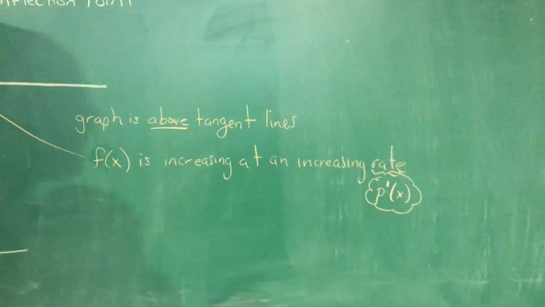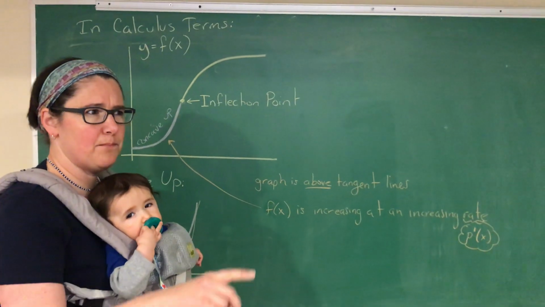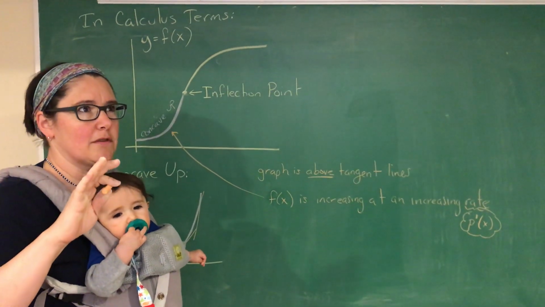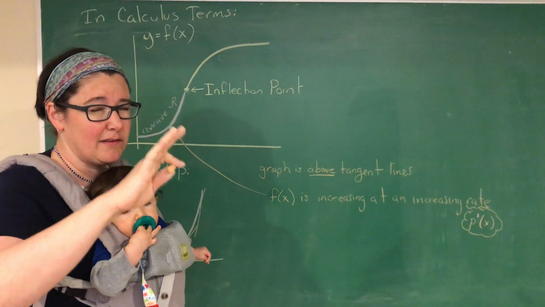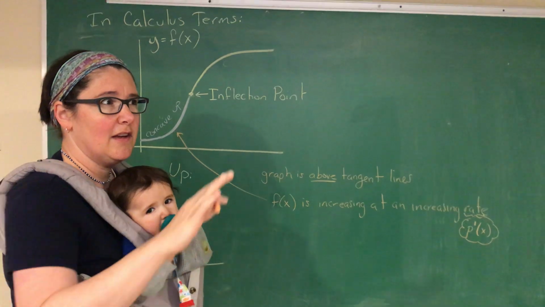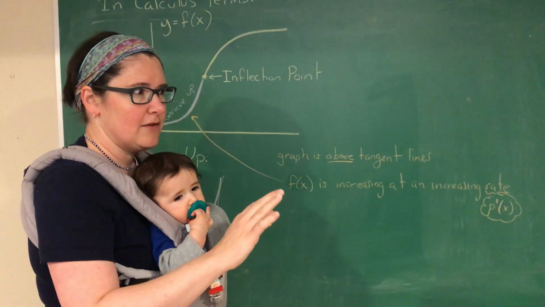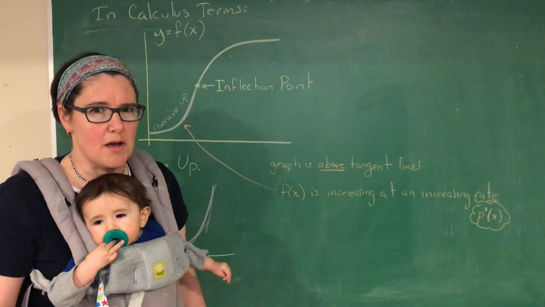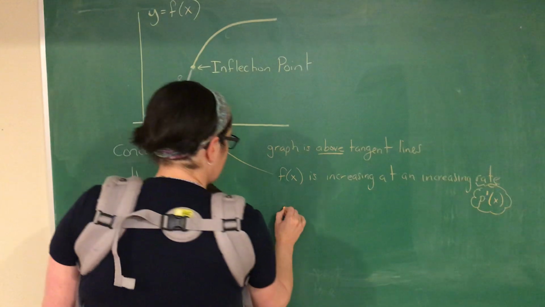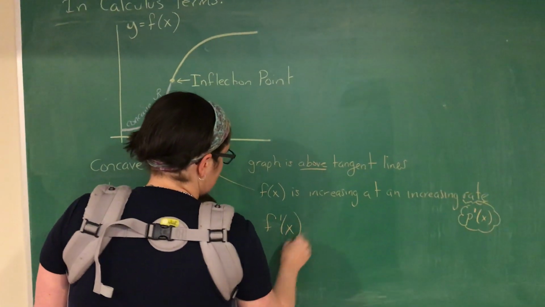Now, if f prime is increasing, that means that f prime's derivative, so f prime is a graph meaning that the slope is going uphill, so slopes are getting steeper, the slope is increasing, its derivative will be positive. Now, the derivative of f prime is f double prime. In this case, we're talking about the function f.